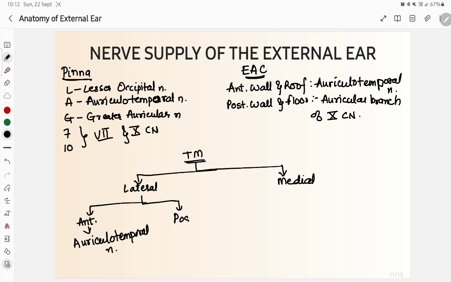And the posterior half of the lateral surface is supplied by the auricular branch of vagus nerve. The medial surface is supplied by the tympanic branch of glossopharyngeal nerve.